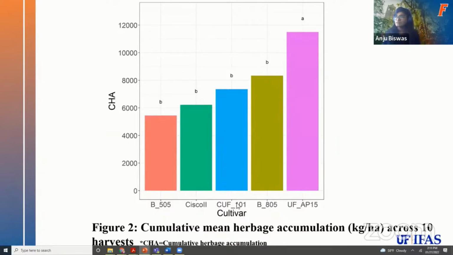Our x-axis represents 5 cultivars and the y-axis represents cumulative harvest accumulation. And from this figure, you can see the non-dormant or very less dormant UF-AP15 is producing the highest yield compared to other cultivars, and Bulldog 505 is producing the least amount of biomass yield compared to other cultivars.